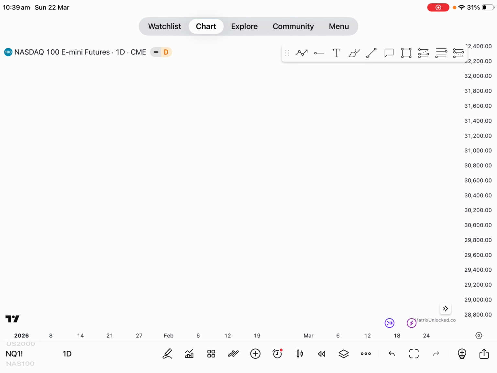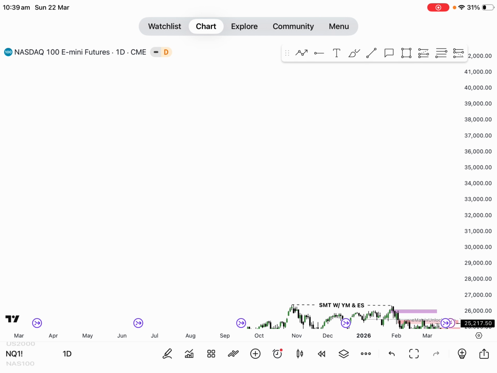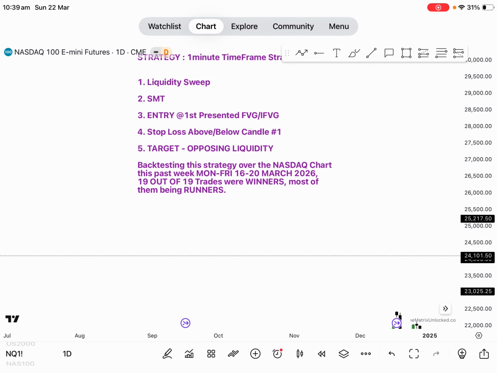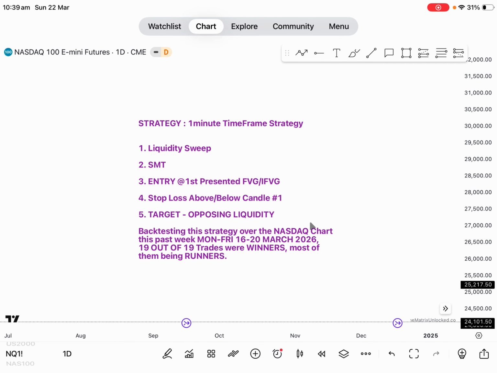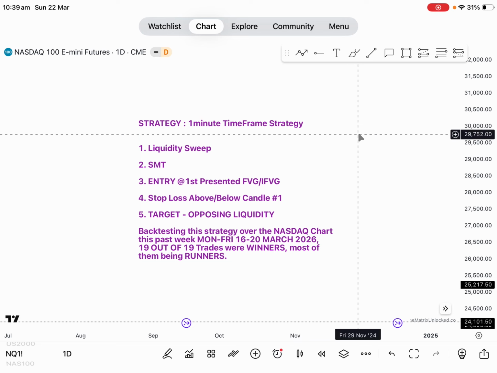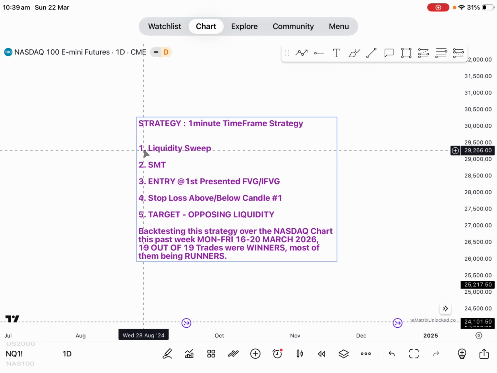So this is the strategy. That's the strategy. This strategy is called a 1 minute time frame strategy. It's literally that simple. There's literally 2 confluences that you have to point out in the charts. The first is a liquidity sweep.